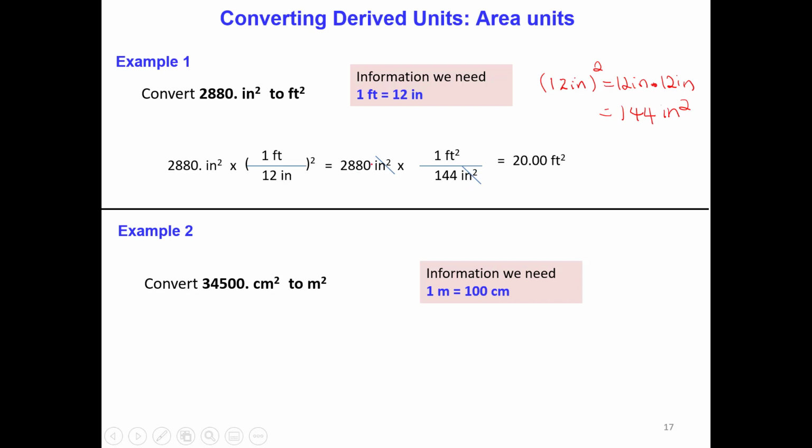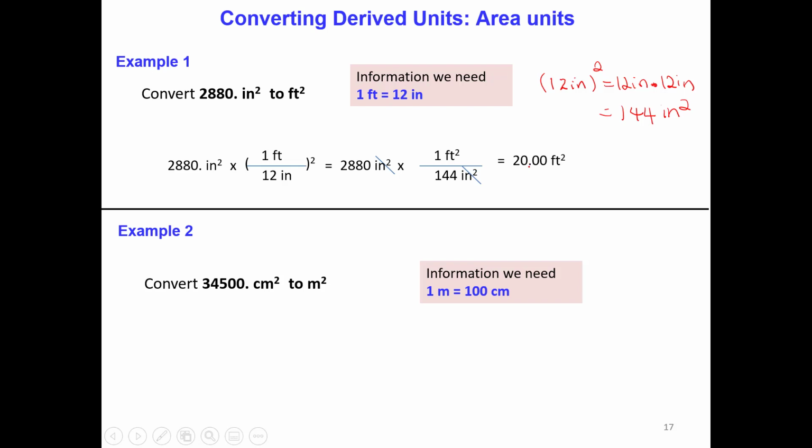Now we had square inches on top, square inches in the denominator. Now we can cancel out these units, and we had the units we want. Yes, this is the unit we want. Now we just do the same we did before. Then 2,880 we divide by 144, and we get 20.